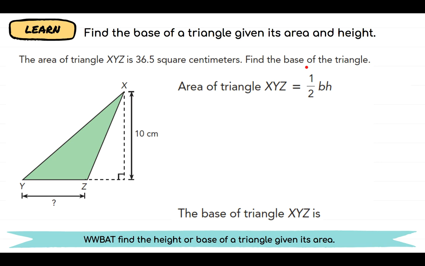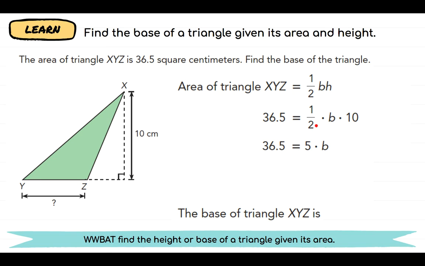So again, the first step is to plug in what we know. We know that the area is 36.5 square centimeters, so we are going to put 36.5 here. And then we know that the height is 10 centimeters, so we're going to leave the height here. We don't know the base, so the base will continue to be represented by our variable b.